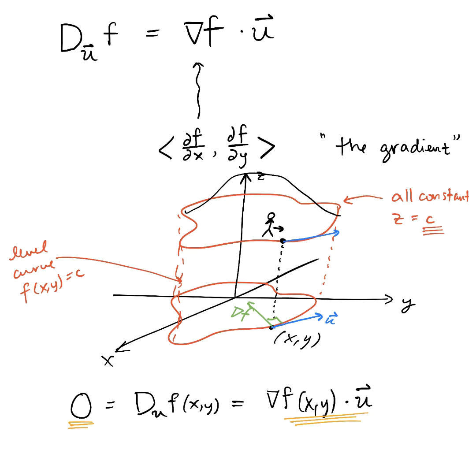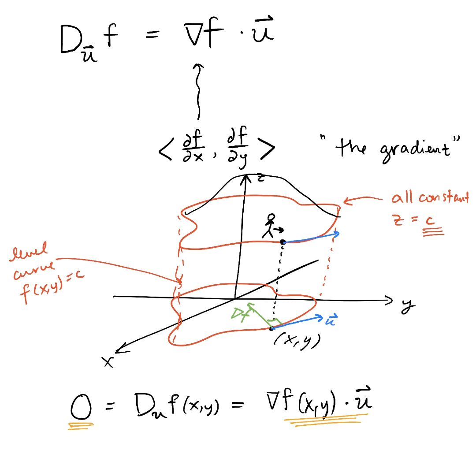Or if they were to take a hard right in that picture and point themselves in the exact opposite direction of the gradient, then they'd be walking straight downhill. In other words, the directional derivative in the direction of the gradient is telling you information about the slope of that path, which is exactly perpendicular to the constant altitude path that the hiker is actually walking on.